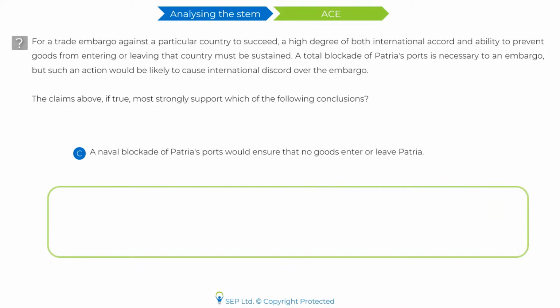Let's move to C. A naval blockade. Now, first of all, the passage talks about a total blockade, but just because it is ports, you have assumed that naval blockade will ensure that no goods leave. I mean, how am I to know a naval blockade, a military blockade, a civilian blockade, a God knows what blockade? I don't know.